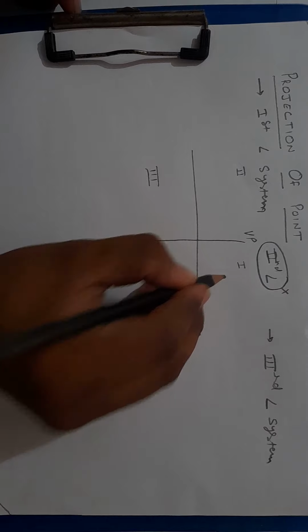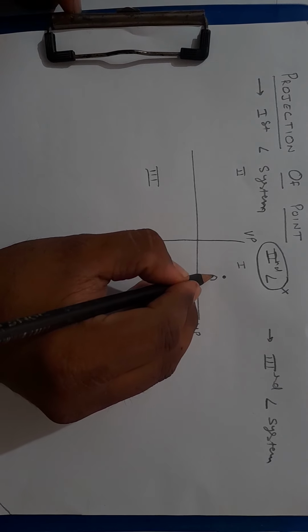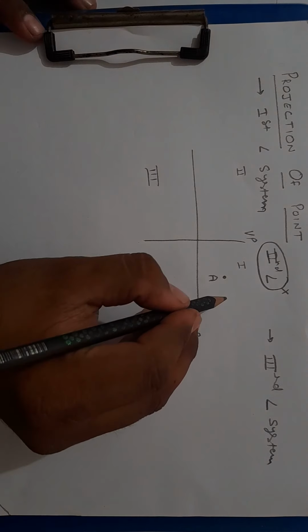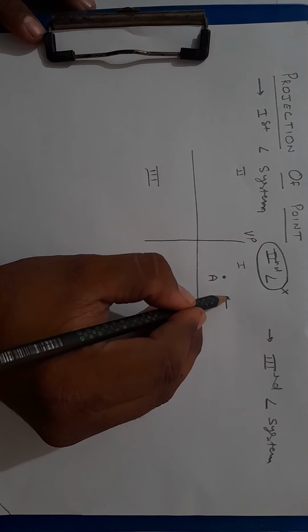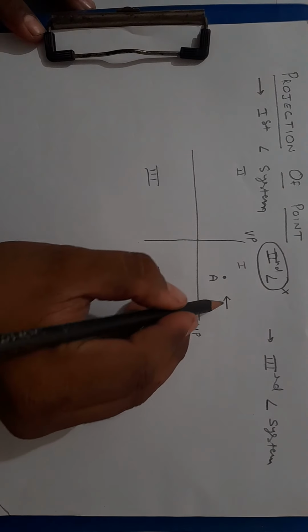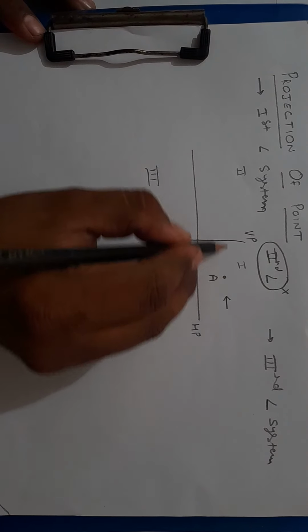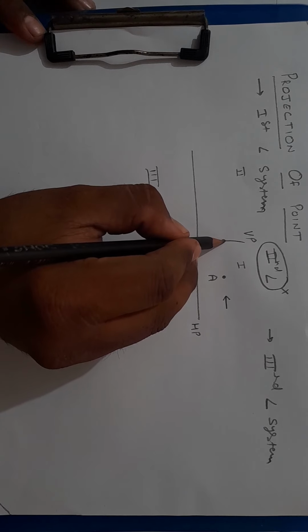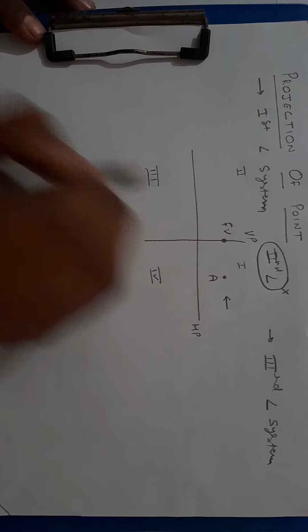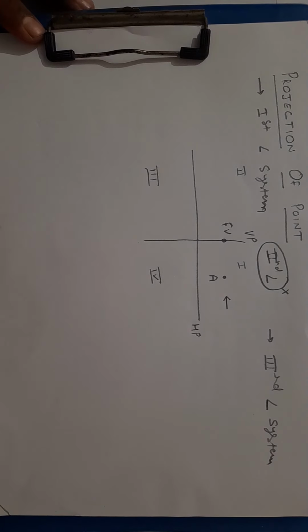Suppose we have a point A in the first quadrant and we are observing from this area. In the first angle projection system, its image will be on this vertical plane. This is the front image, or front view.